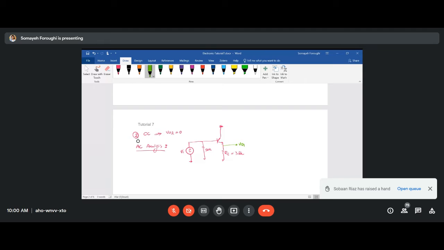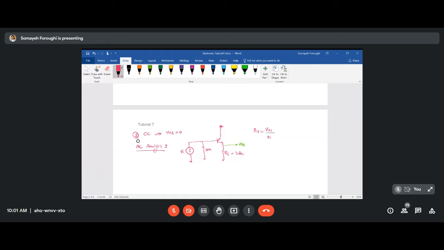Then, even before doing this voltage gain, we know that when we have a common collector, our AV, our voltage gain, is almost 1. We can also show it in terms of the equations. It will always be something around 1. So our AV here means VO1 over VI.